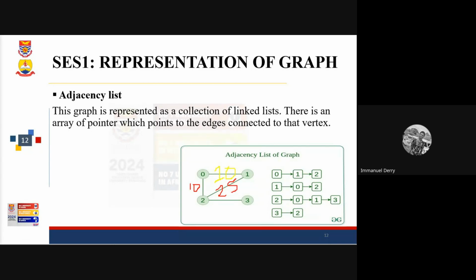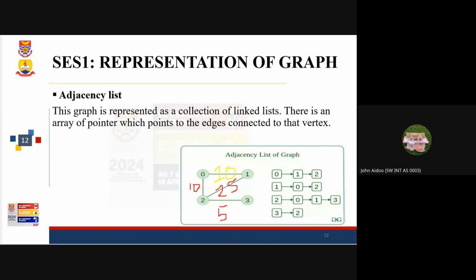And similarly, 2 to 3, from Aflao to, let's say, Sunyani, this is also 5. So now these numbers are the weight on each of the edges that we have. So this becomes a weighted graph because we have assigned weight onto every edge that is connecting every vertex or node.